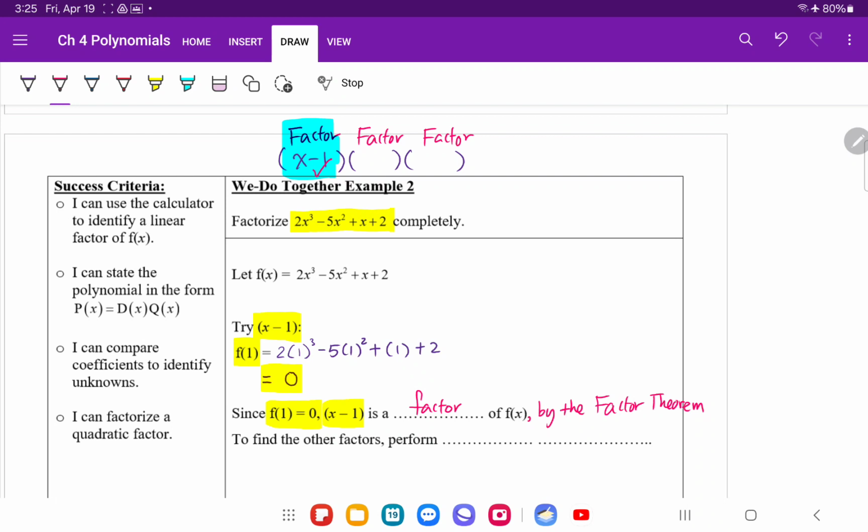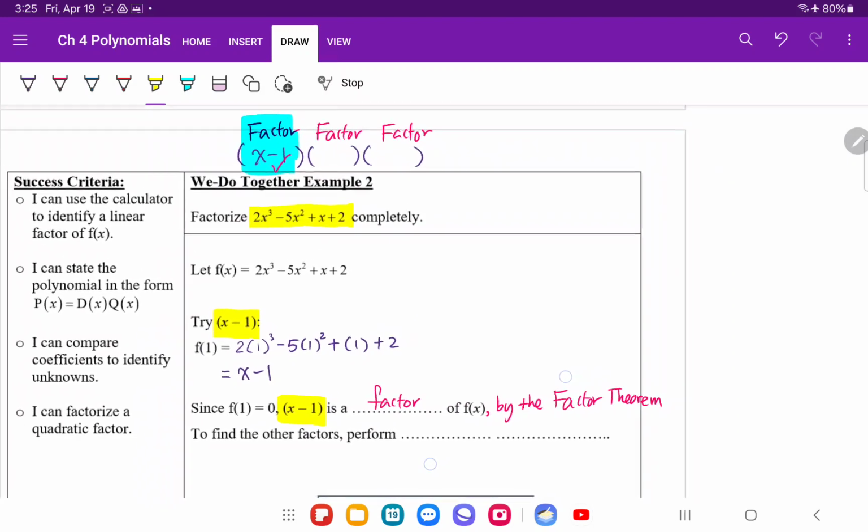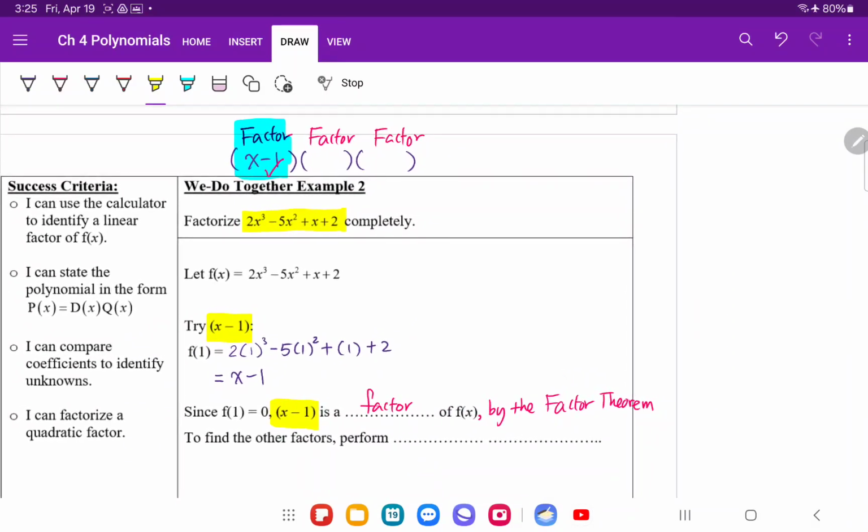Now, you may be wondering, teacher, how are you so lucky that you can get the factor just by trying x minus 1? How do I know that this x minus 1 will confirm give a 0? Is it by pure luck?